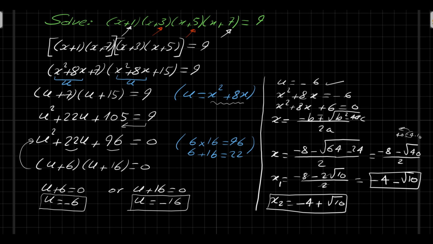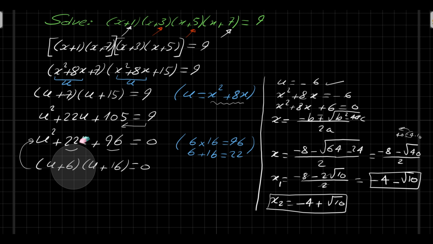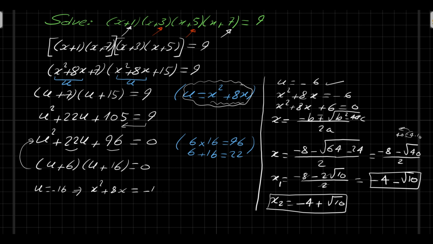Now let's solve when u is negative 16. For u equal negative 16, this implies x squared plus 8x equal negative 16.